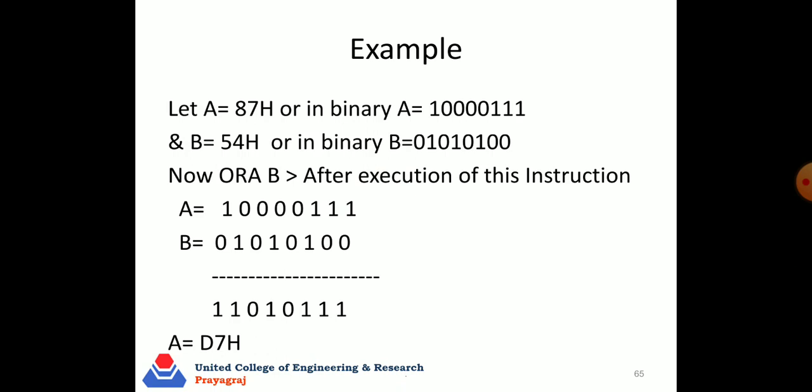Otherwise, the output will always be high. It is the truth table of the OR gate. So in this case, 1 0 is 1, 1 0 is 1, 1 1 is 1, 0 0 is 0, and so on. So this is the result.